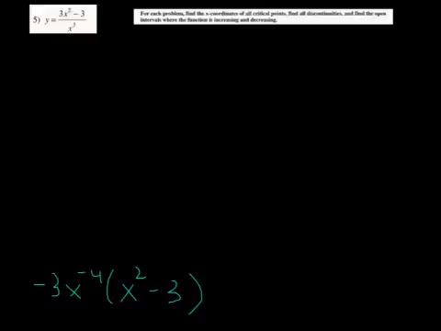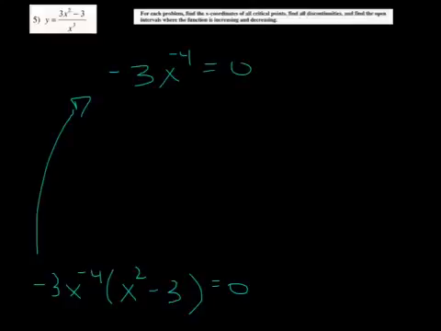Okay, so the next thing we do is we set it equal to 0. So negative 3x to the negative fourth equals 0. Divided by negative 3 is still 0.